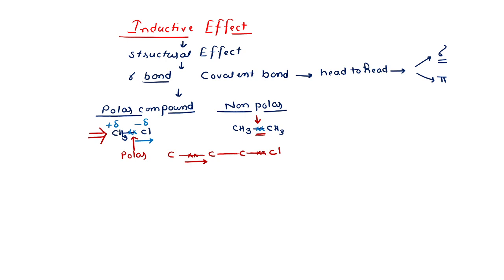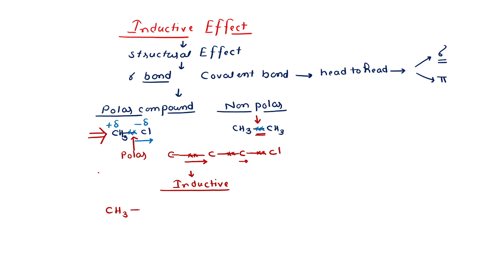In this bond also there are two carbons, but it will shift towards this atom, and then this bond, again this will shift. So shifting of electron density is going to happen in the effect known as inductive effect.